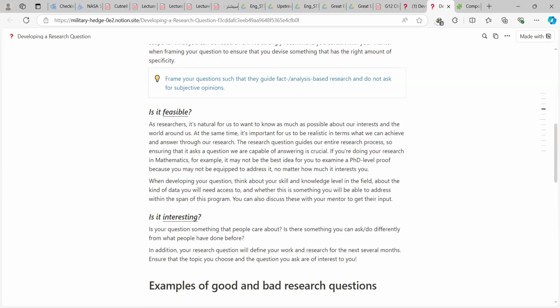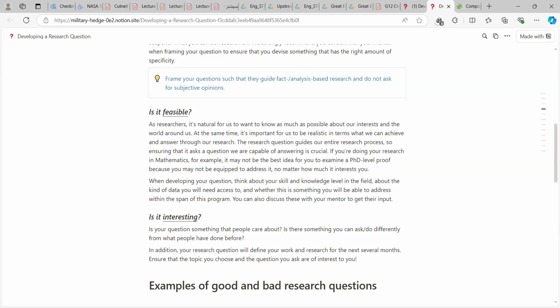So you should be more realistic. The research question guides your entire research project, so ensure that it asks a question we are capable of answering. It's crucial. If you are doing your research in mathematics, for example, it may not be the best idea to examine a PhD level proof, because you may not be equipped to address it, no matter how much it interests you.